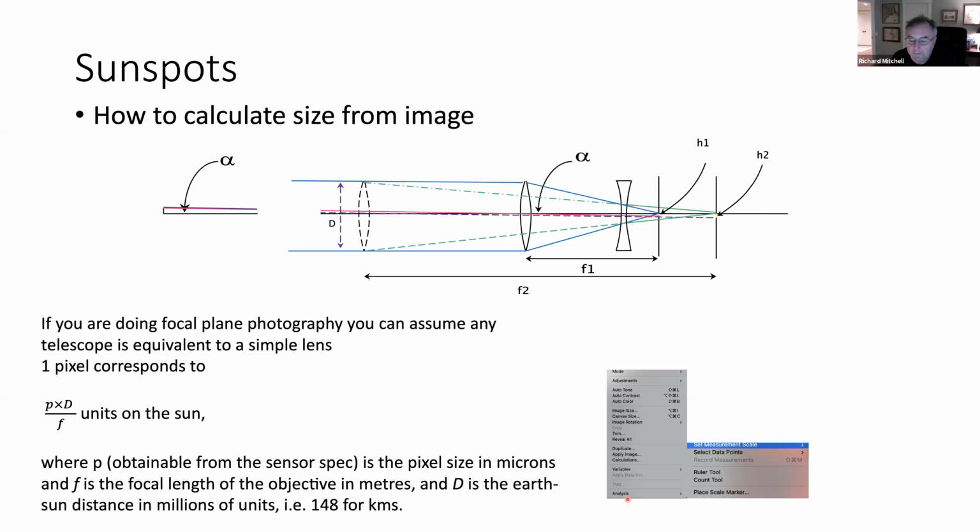You can very easily measure that in Photoshop. You just go to image analysis, use the ruler tool, and it tells you how many pixels there are, and you use that formula and you get the distance. Very simple.